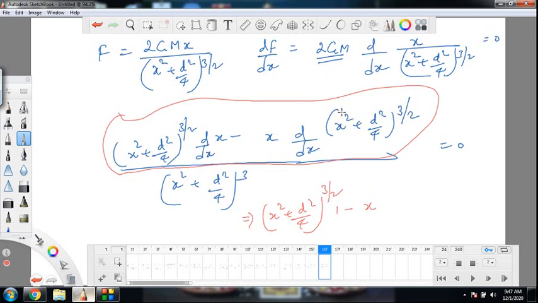It is like some box power 3 by 2. So 3 by 2 into box power 3 by 2 minus 1, that is 1 by 2, into derivative of that box again. Derivative of x square plus d square by 4 is 2x. That is chain rule. So if I go to next page, I can write this.